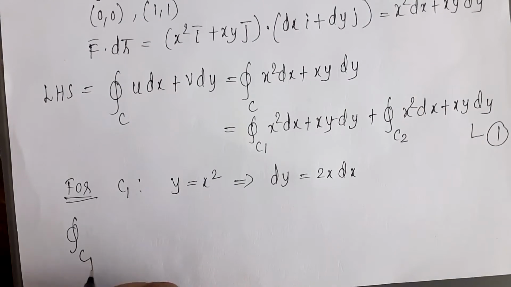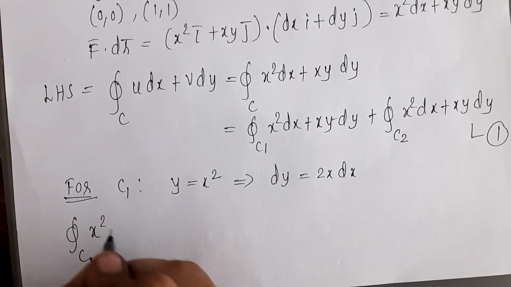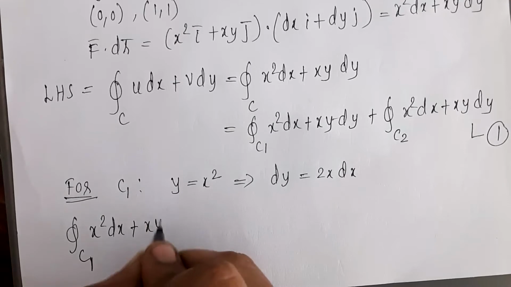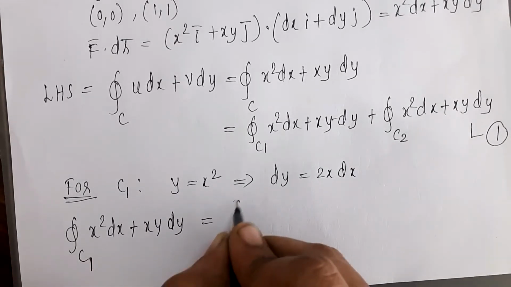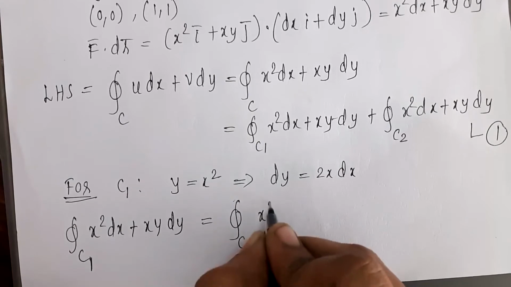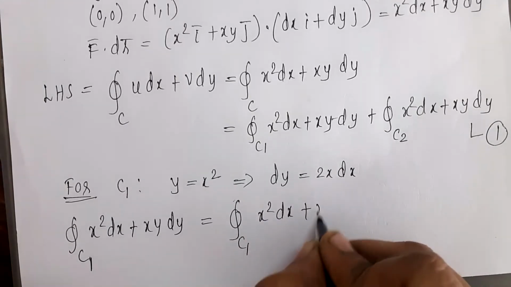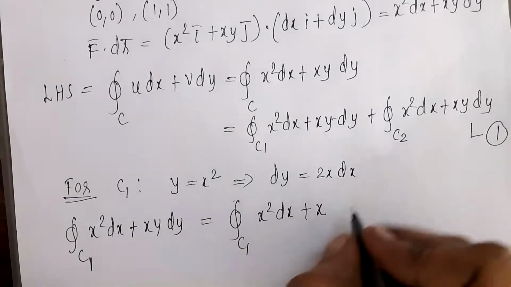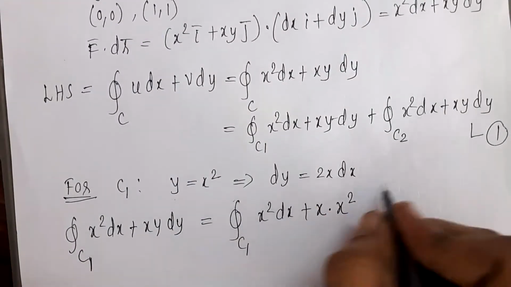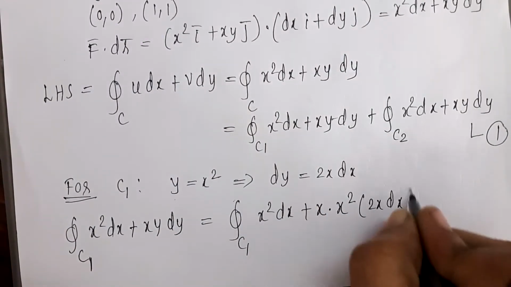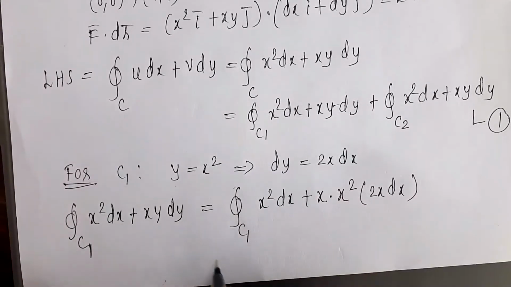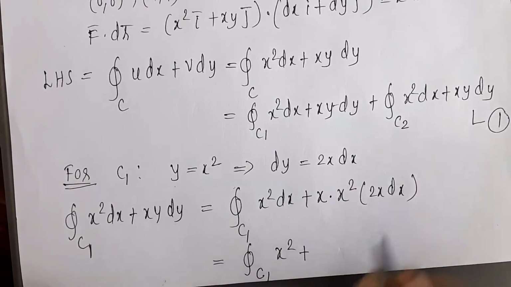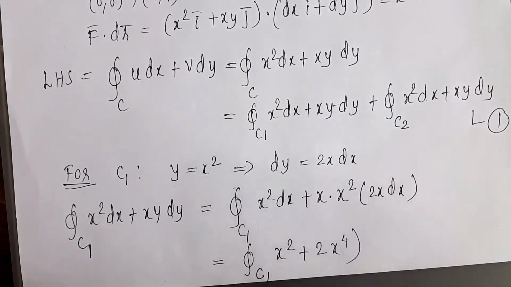The integral over C1 of x² dx plus xy dy is the integral of x² dx as it is, plus x multiplied by y, which is x², and dy is 2x dx. Simplifying further, it is the integral over C1 of x² plus 2x⁴ multiplied by dx.